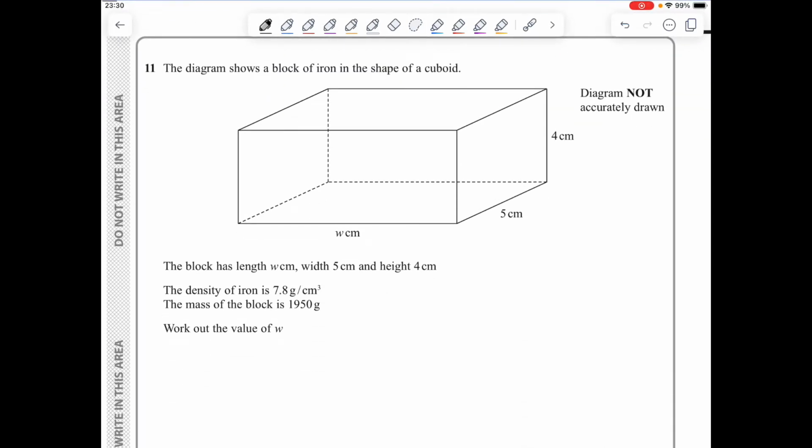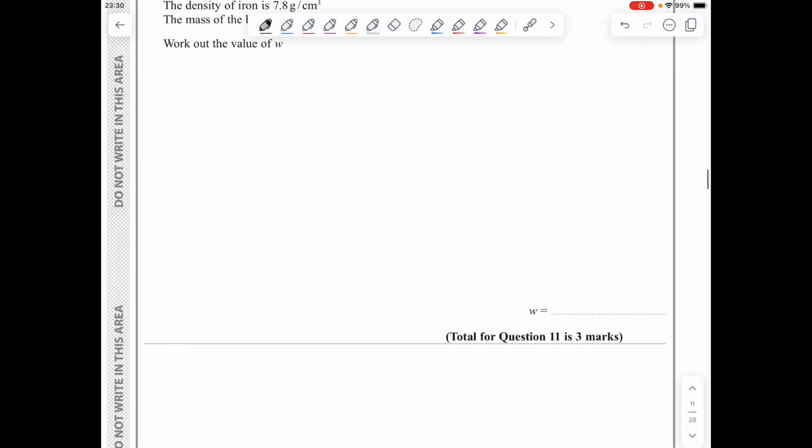For question 11, I'll start by finding the volume. The formula I'm going to use is density equals mass over volume. So 7.8 is equal to 1,950 over volume. So volume is 1,950 over 7.8.